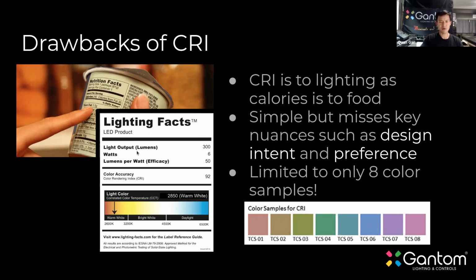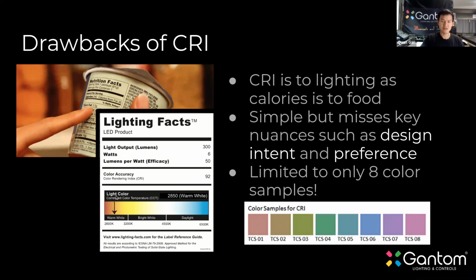It's designed that way because they want to show you the basic numbers you need to make your design decision. However, just like nutrition labels, there are a lot of key ingredients that you're not looking at, and it may actually do some detriment to the intent of your design.